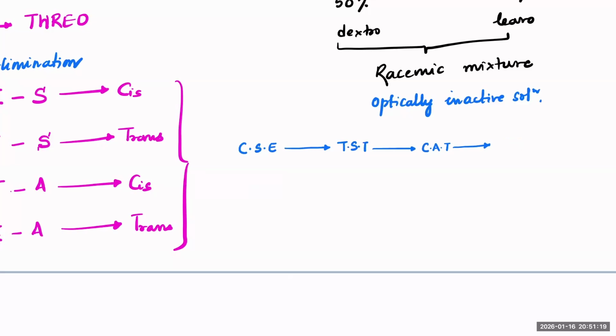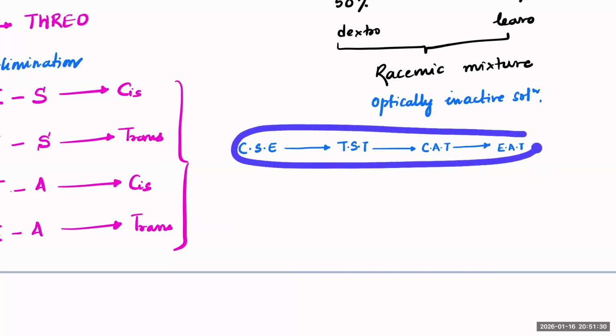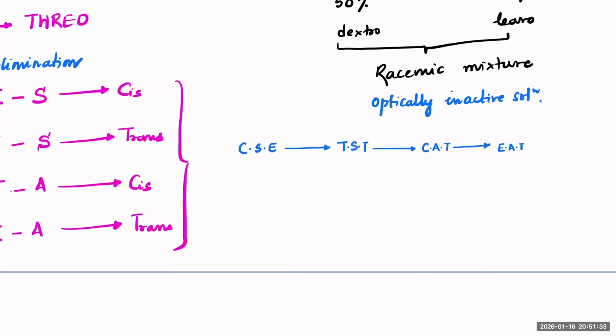Got it? You can remember it like this: EAT. It doesn't matter whether you remember it as TAE or EAT, because it works both on the addition side as well as the elimination side.